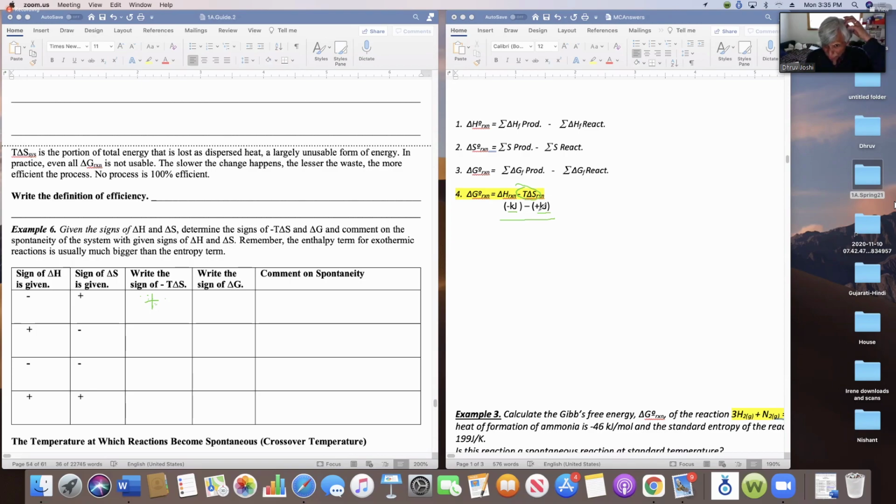When subtracting positive from negative, we are going to have a negative sign over here, and that is the sign of delta G. This is negative kilojoules. So the sign of delta G is negative, and the comment on spontaneity is: spontaneous at all temperatures.